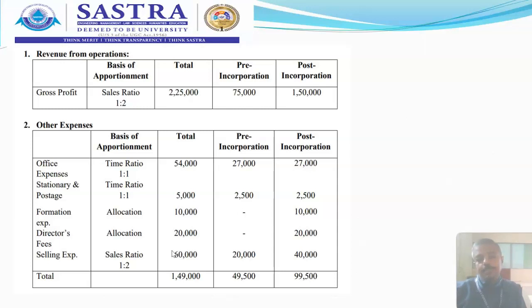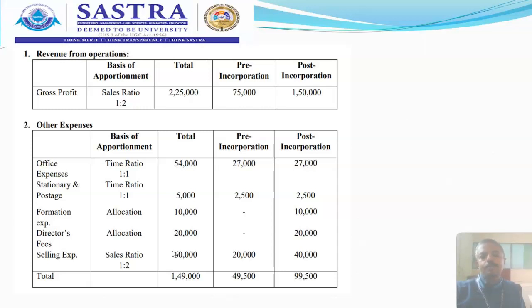Then director's fees. This is also an irregular expense to the entire business for accounting purposes. You may give director's fees every month or every visit, but it happens only after the incorporation. The directors, the board of directors, come into the picture only after the incorporation, after the registration of the company. And hence, director's fees is not a regular expense which happens during the entire course of business.